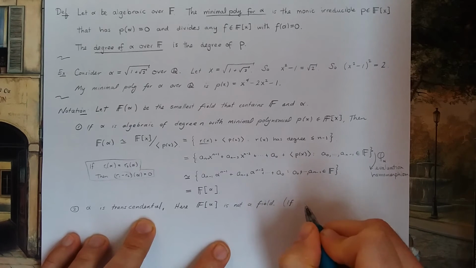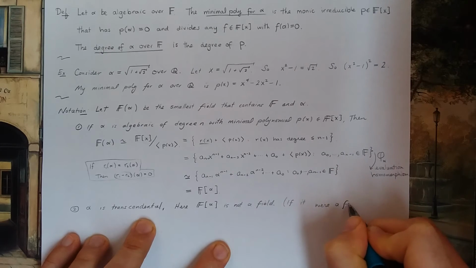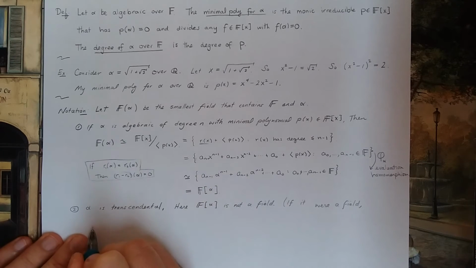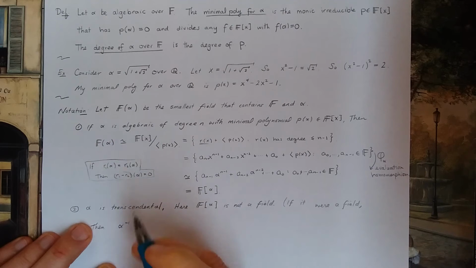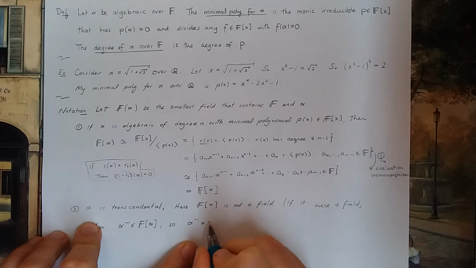If it were a field, then the inverse to alpha would exist. So then alpha inverse would be in this ring. So that would mean alpha inverse is some polynomial in alpha.